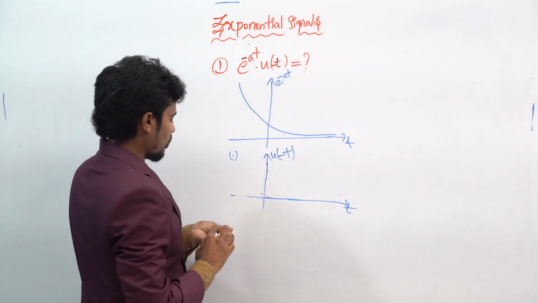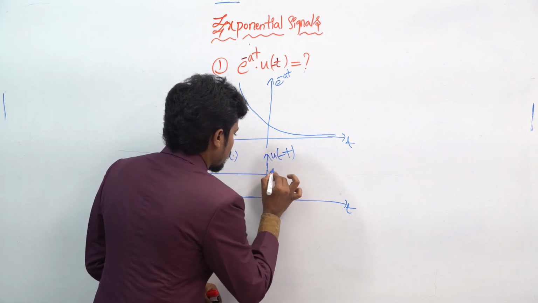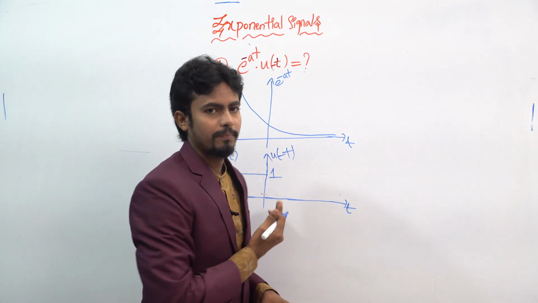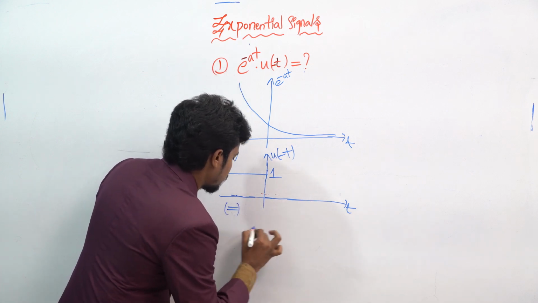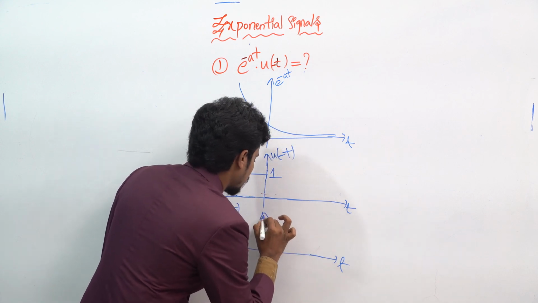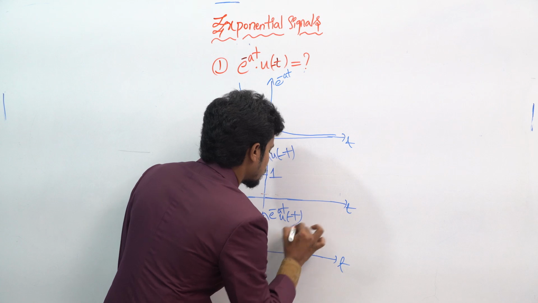What will happen to the plot? The plot will look like this. Just reverse the u of t. You will get the u of minus t. The resultant plot will be like this. This will be the e power minus at into u of minus t.